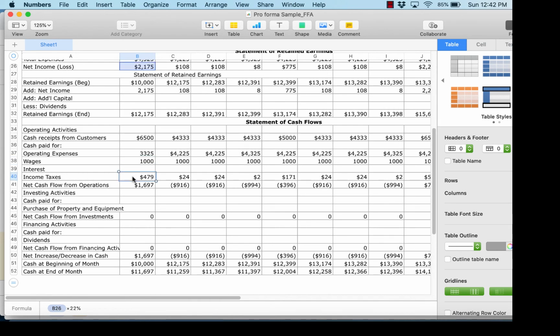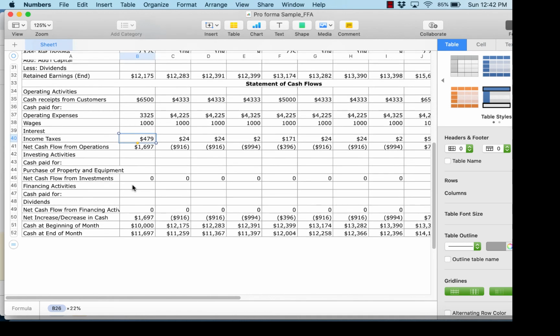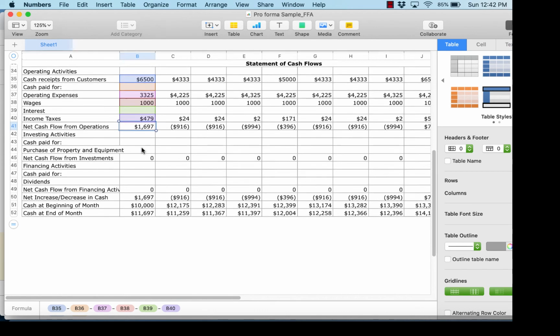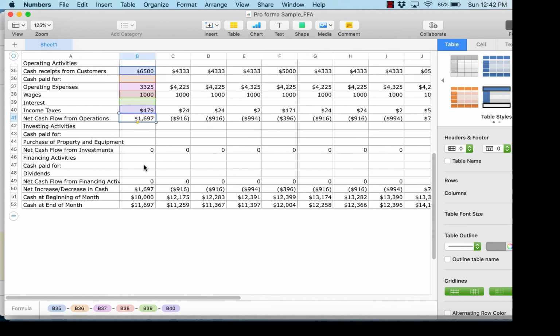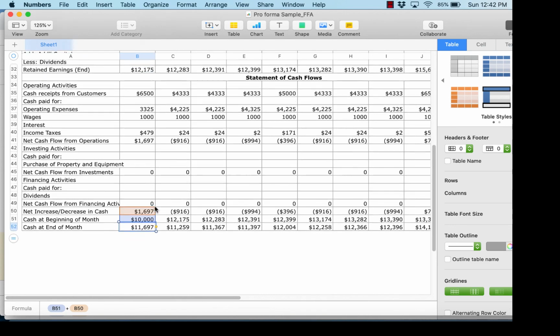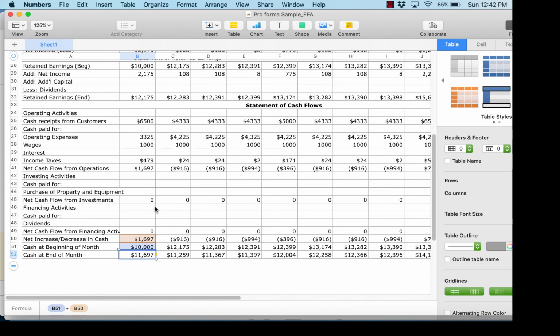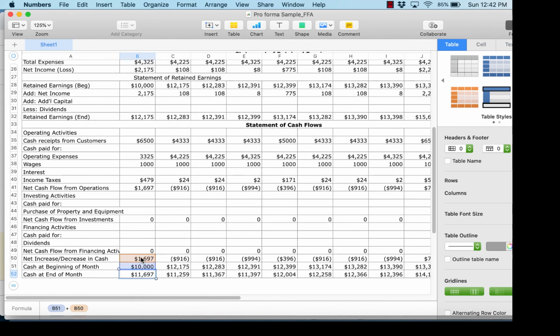My income tax is probably going to be my net income multiplied by 22%, which gives me net cash flow from operations of $1,697. No investing activities, no financing activities, and so my net increase in cash, and I end my first month with $11,697.